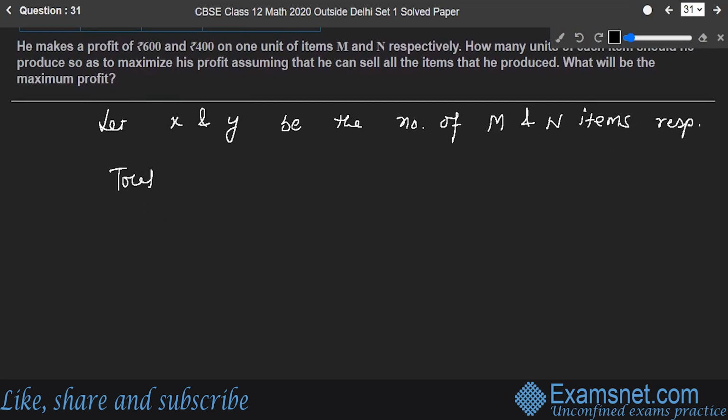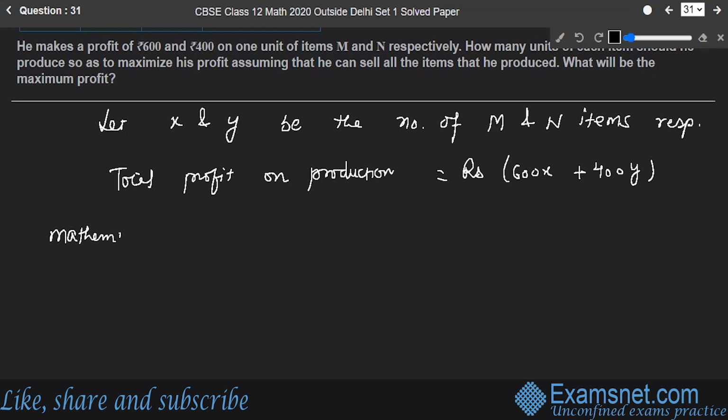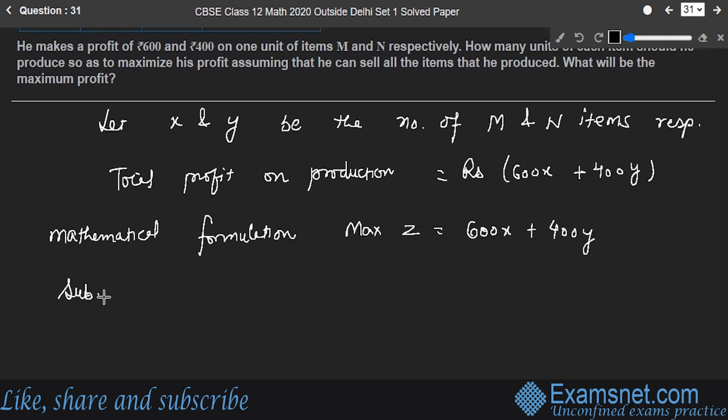Total profit on production will be rupees 600 for M and 400 for N. Now, mathematical formulation of this problem is you have to maximize Z is equal to 600x plus 400y subject to constraints.